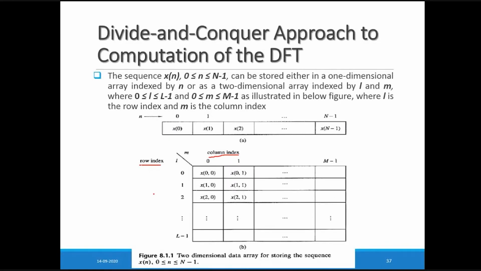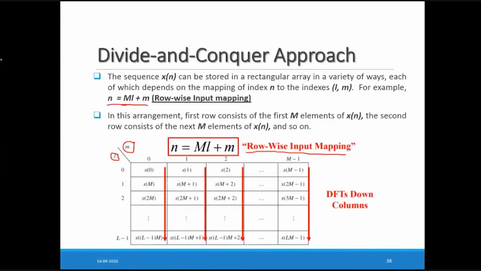And the small m value, not n. Small m means whatever data is available, you want to divide the data into how many columns or how many rows. That depends on your input value. At present we are taking a general equation, n is equal to ml plus m.